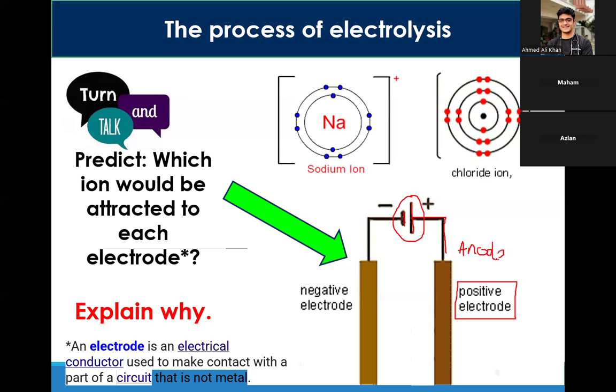The negative electrode attracts the positively charged ions, the cations, so the negative electrode is known as the cathode.